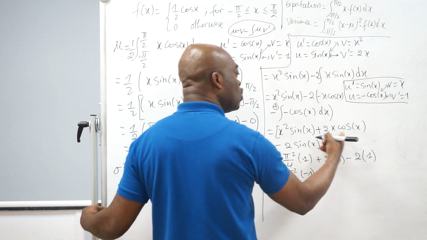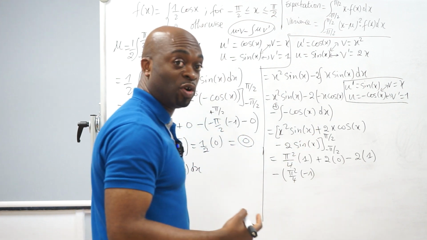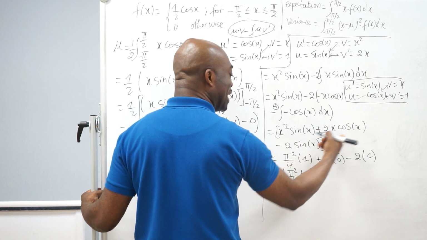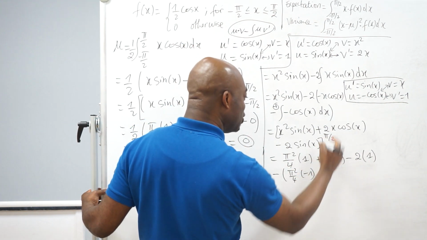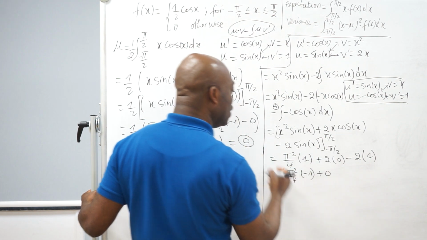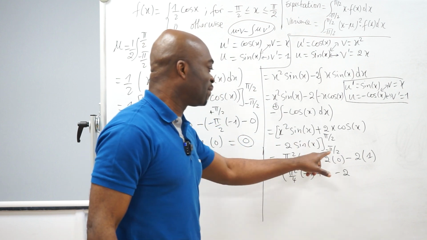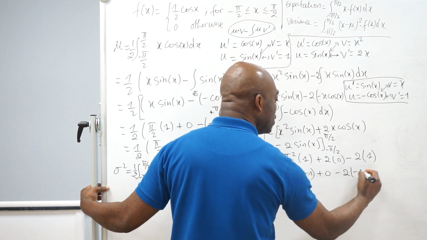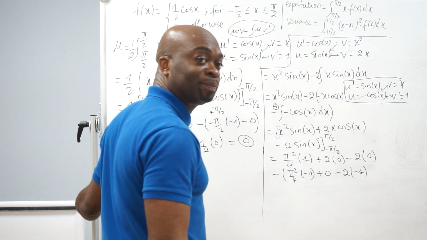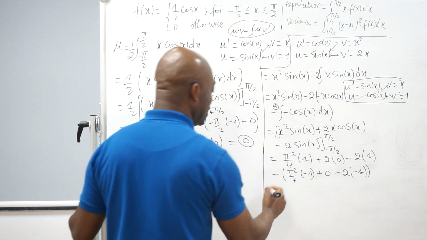And then also the cosine of negative pi over 2 will give us 0. So that will make this side also equal to 0. So that means you're doing plus a 0 minus twice the sine of negative pi over 2, again is -1. So that is -1 here. And then we close it on this one.